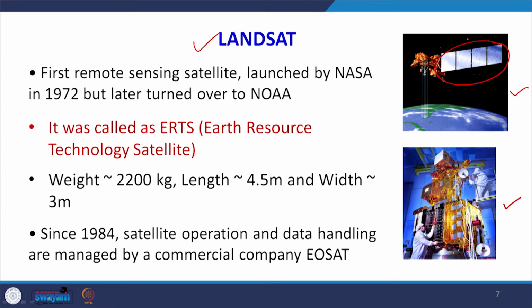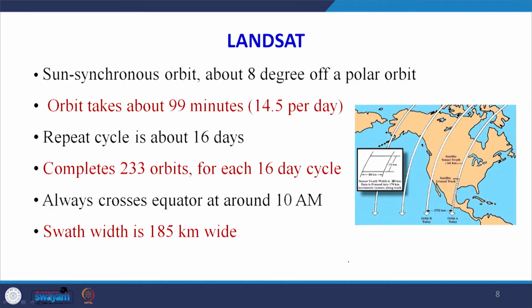Since 1984, the operation of the satellites and data handling has been managed by a commercial company called EOSat, where EO stands for Earth Observation. So this was the beginning of remote sensing satellites from 1972 onwards.